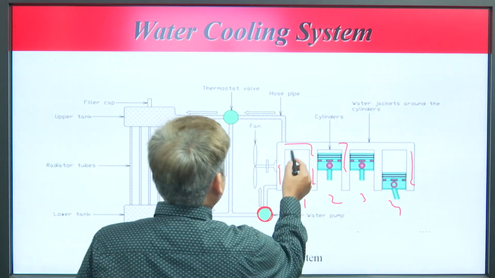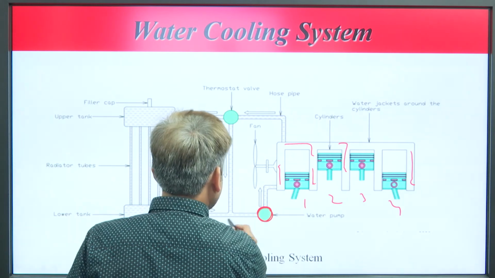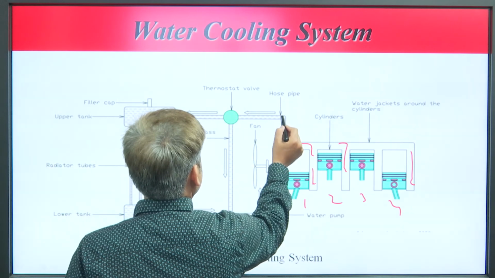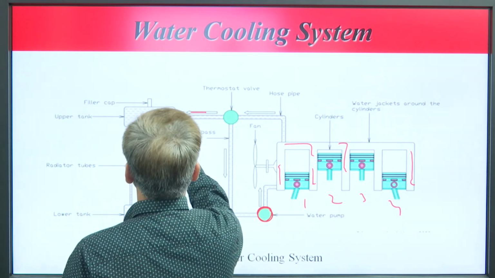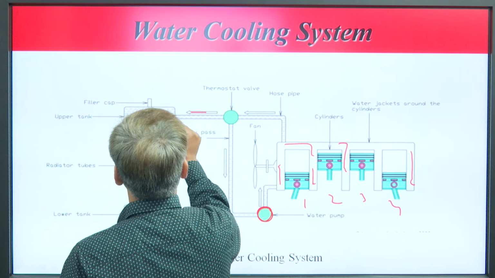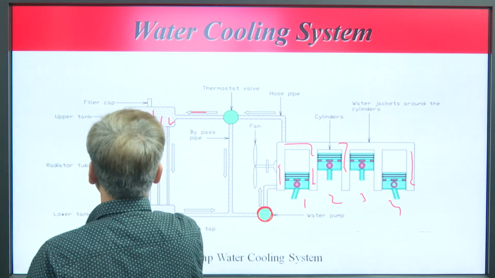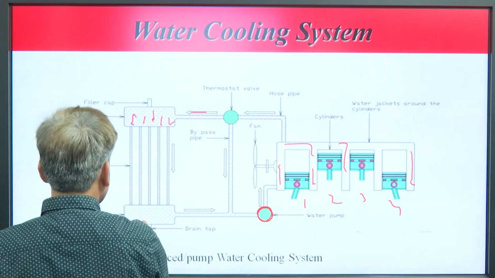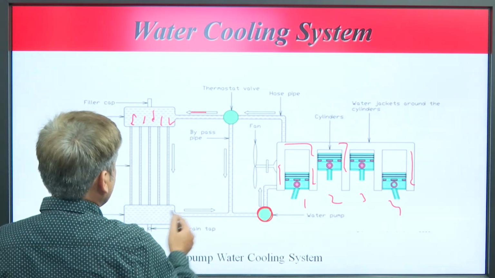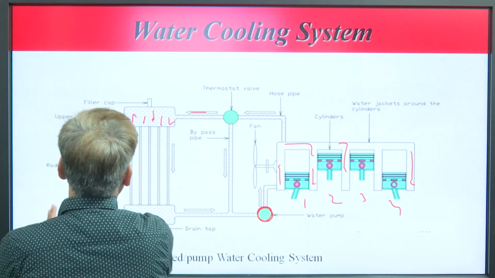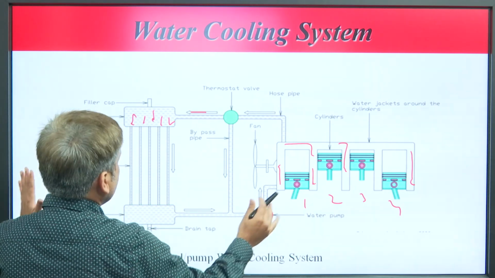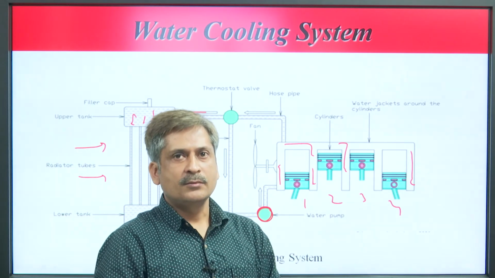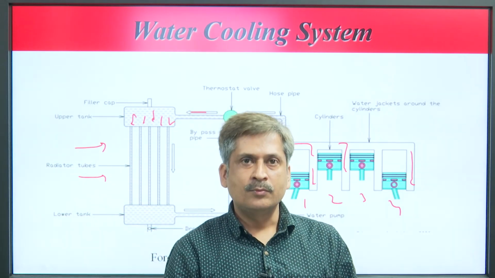Cold water is pumped in, and the hot water comes up in one direction, and there are multiple radiator tubes here. It comes down; this is the upper tank and this is the lower tank, and because of the fan movement and the air also in this direction, it gets cooled, and the water circulation is with the help of the pump.